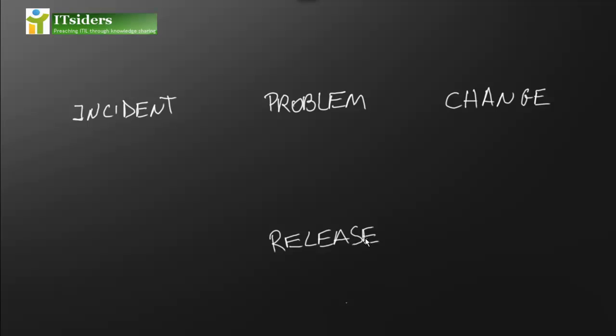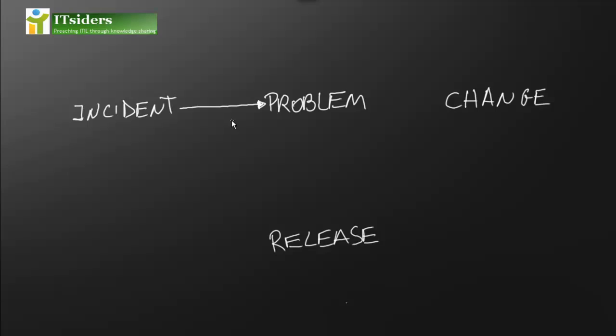The first relationship there is incident and problem. So there is a relationship within ITIL that tells us that an incident creates a problem. An incident never, ever, ever will become a problem. An incident will create a record of a problem.